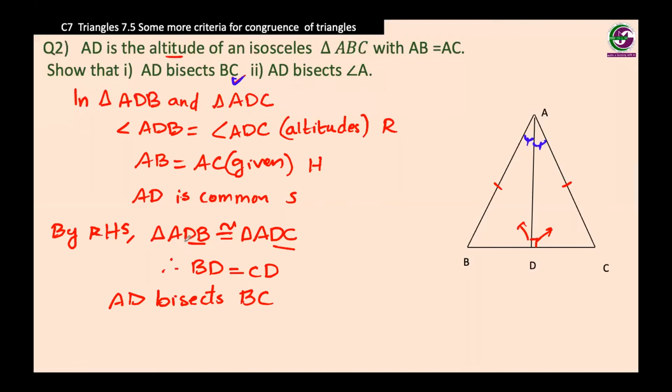It is again from the congruence. Angle BAD is equal to angle CAD, first, last, first, middle. So angle CAD. Corresponding parts of congruent triangles are equal. If these two angles are equal, which means AD bisects angle A.